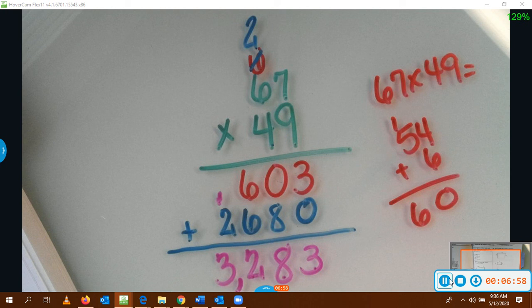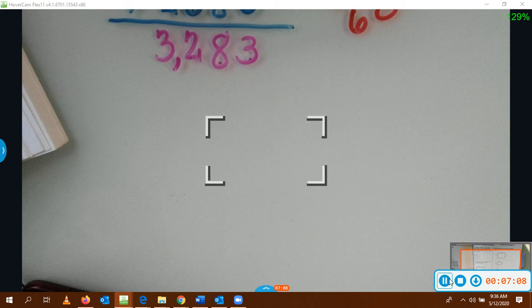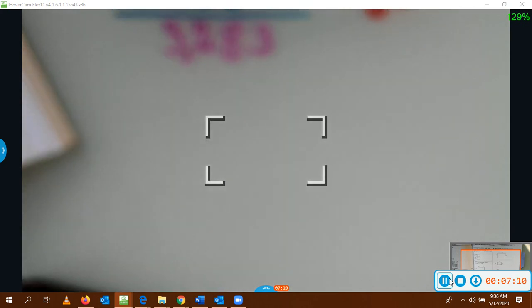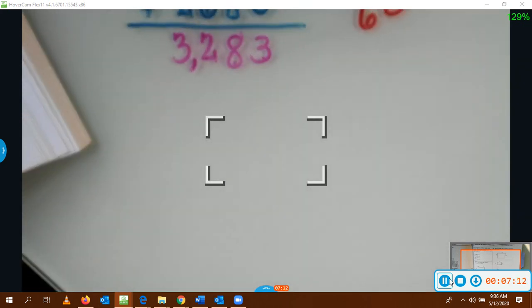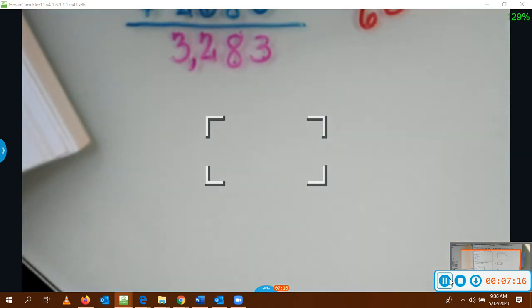Now, let's do another one, just one more, just so I can show you a longer number. Let's see if we can move this, and we can use this space down here. Wait for it to clear up. And this is going to be our problem.